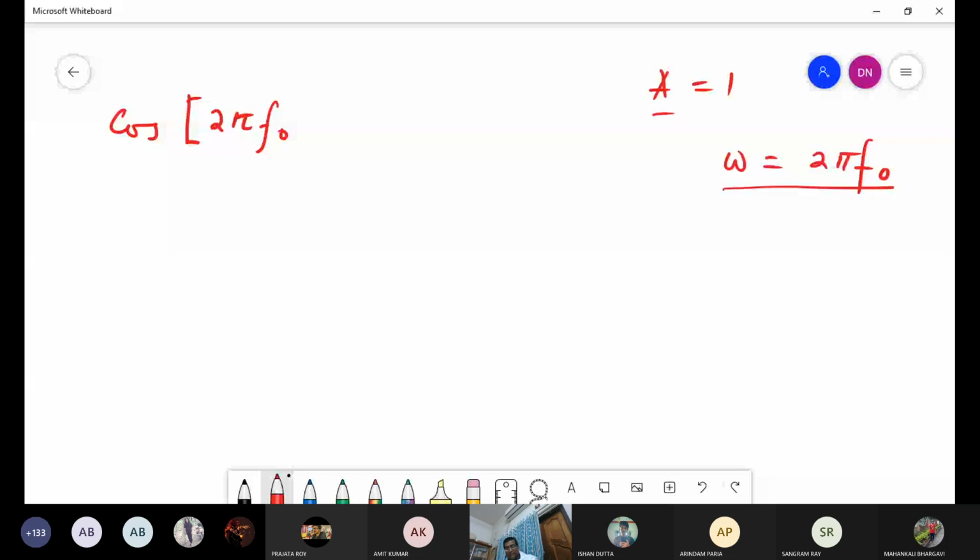F naught is the frequency parameter. Then you can write f also, no problem.